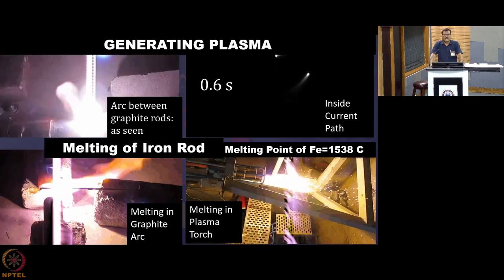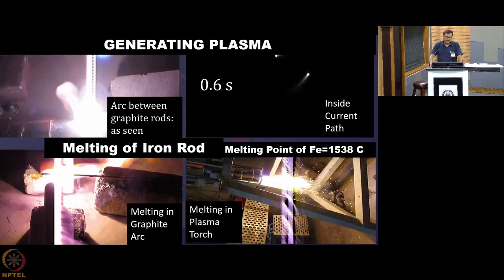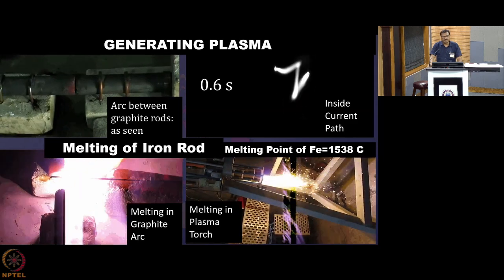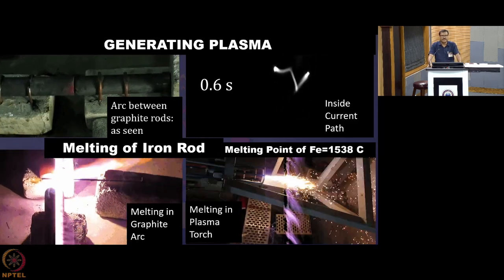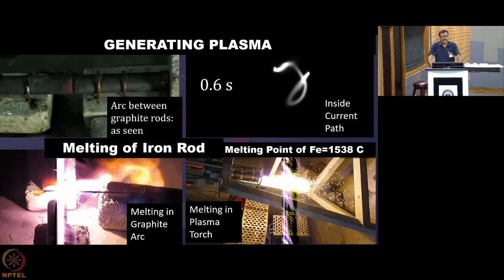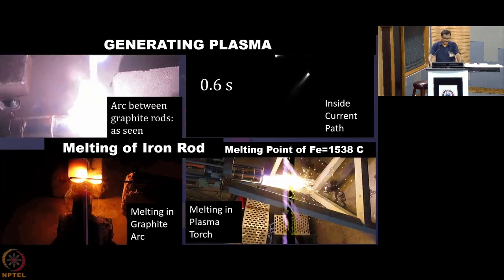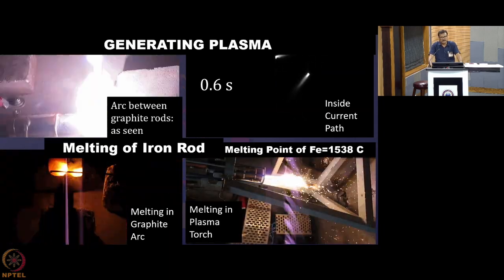Any probe would definitely melt, because even tungsten, with a melting point of 3500 degrees Kelvin, would melt inside a plasma plume of 10,000 degrees Kelvin.